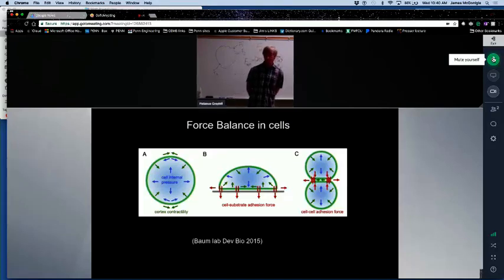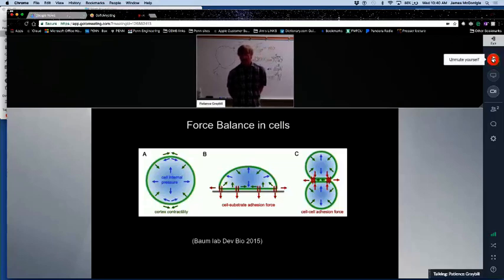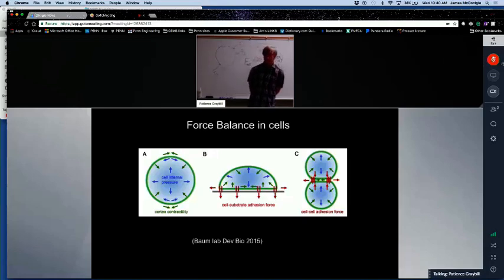No? Okay, well, the fact is that in most cells, there is an osmotic pressure coming from solutes inside the cell that pushes out on the cell membrane. So that is these blue arrows that are pushing out on the membrane. And that would tend to make the cell expand.